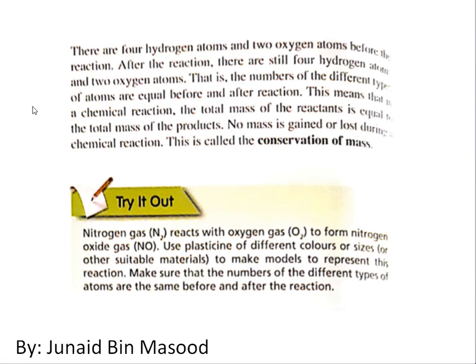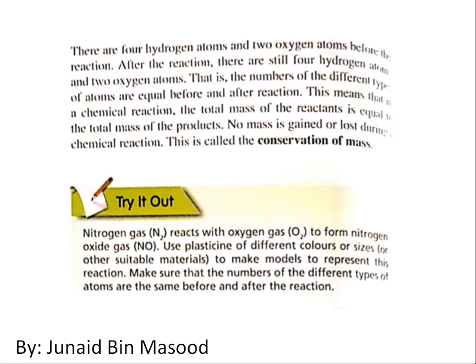Now a very important point over here is that no mass is gained or lost during the chemical reaction. So no mass is gained or lost during the chemical reaction.